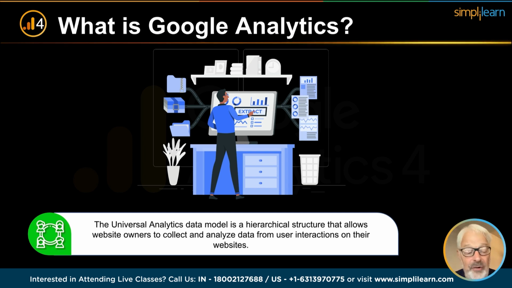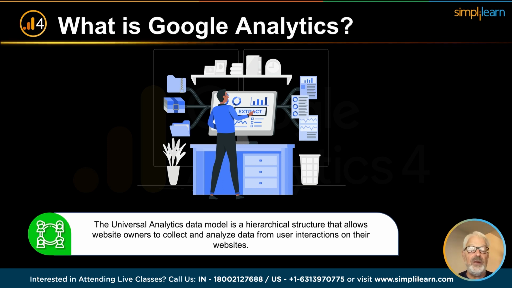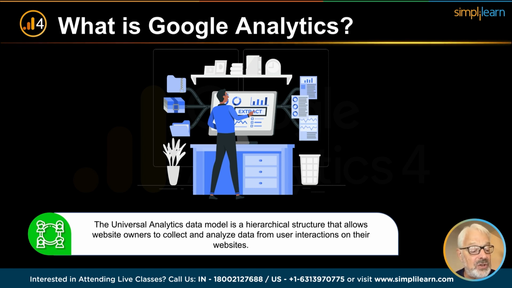At the lowest level of the hierarchy are the data collection objects, which represent the individual interactions that users have with a website or a mobile app. So these objects include page views, events, transactions, and other user interactions that are tracked using Google Analytics. Overall, the Universal Analytics data model provides a very flexible and scalable framework for collecting and analyzing data from user interactions on websites and mobile devices.